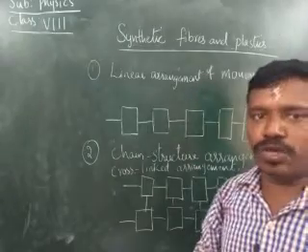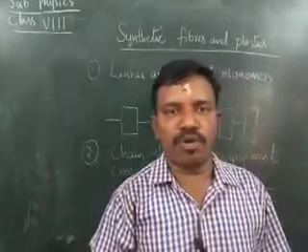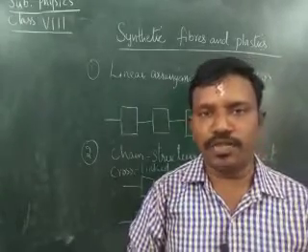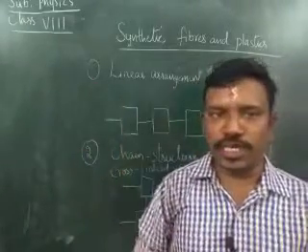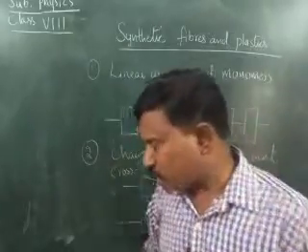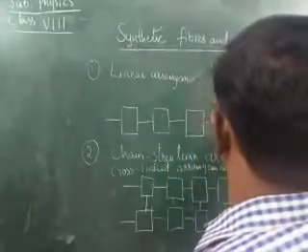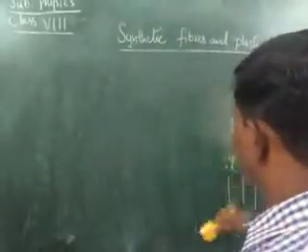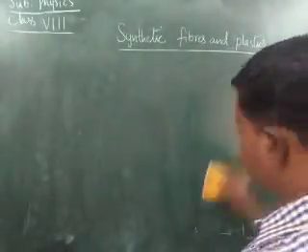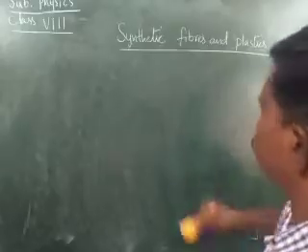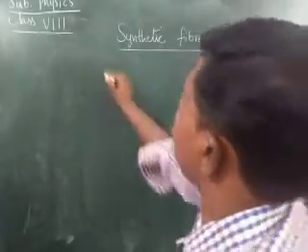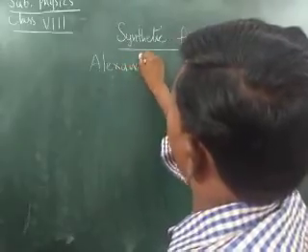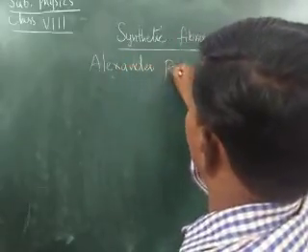The next one we are going to learn about is a famous person who introduced this plastic, children. The first plastic was introduced by the scientist Alexander Parkes.